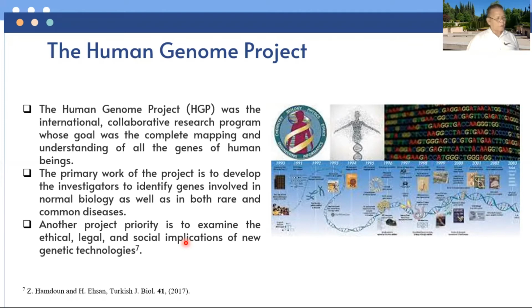The finished sequence produced by Human Genome Project cover about 99% of the human genome gene-containing region, and it has been sequenced to an accuracy of 99.99%.